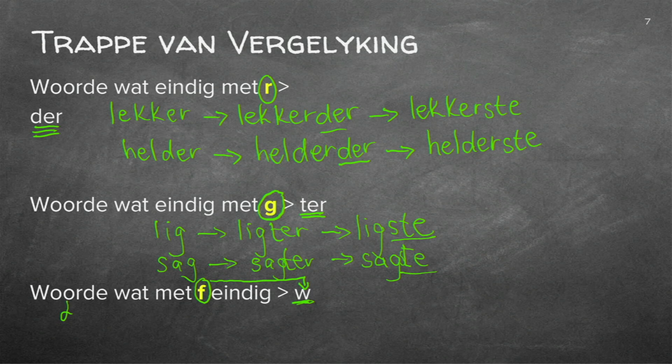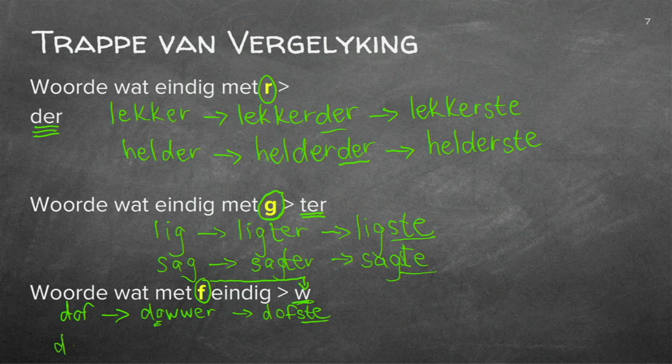The first one is dof, which means dim. Dof, so the F changes to a W. But because we have a short sound, we have to double our consonant and then we add the ER. Third step, back to the original word and st.